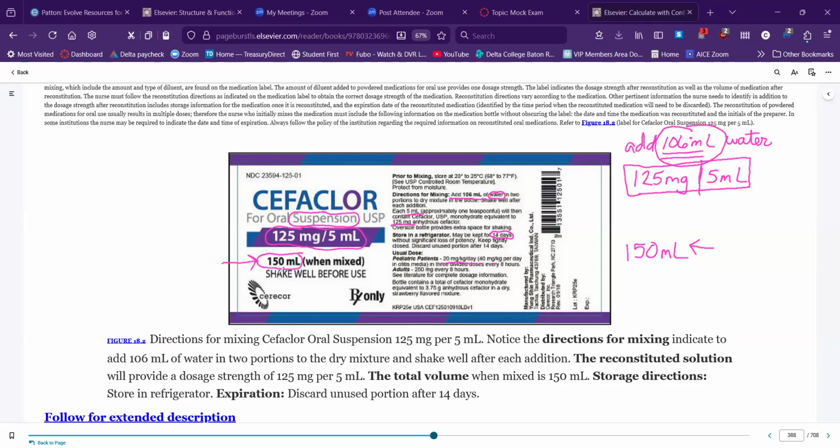So for this, the dose would be 125 milligrams per 5 mLs. If you don't write that per 5 mLs, it's wrong, because if you just tell me it's 125 milligrams, is that per mL? Is that per 150 mLs? Is that per the whole amount?